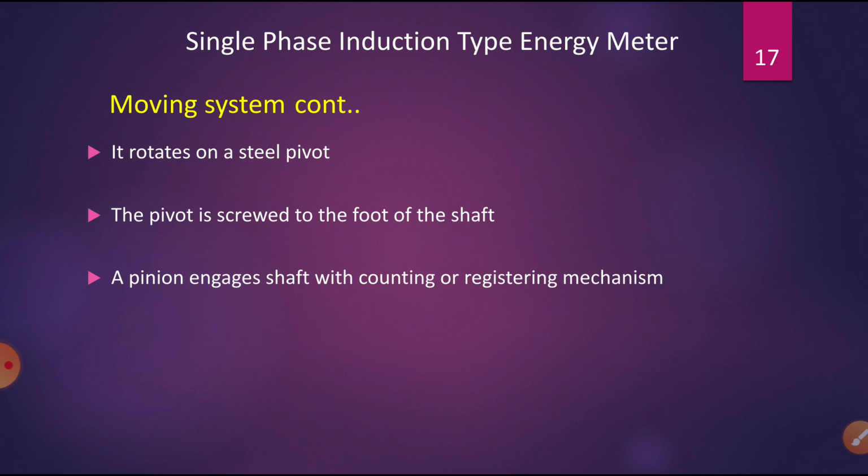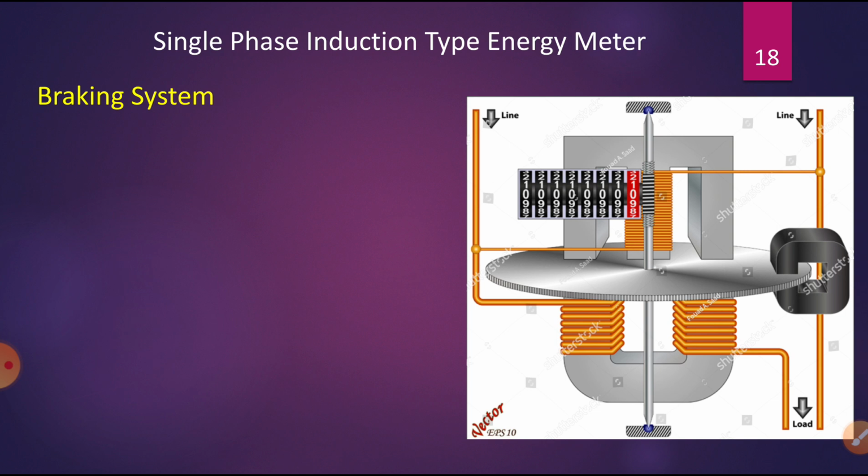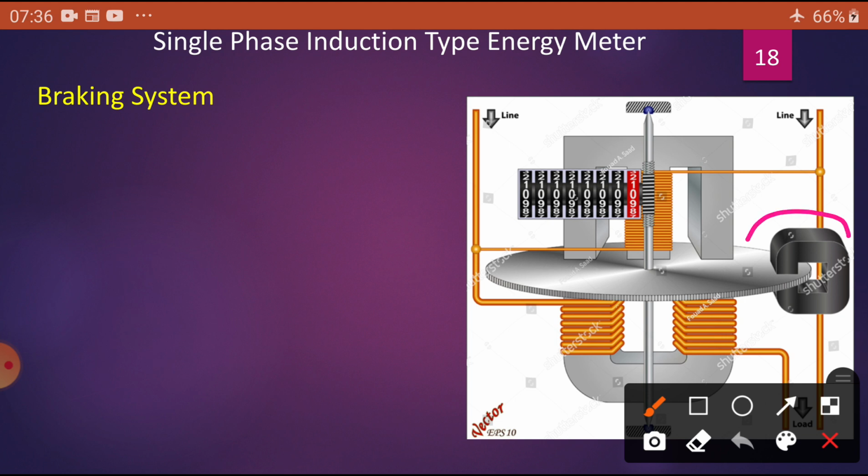So the braking system consists of, you can see in this figure, a braking magnet. This is the braking magnet, a permanent magnet. Dear students, if you open an energy meter, there is a magnet present inside. A U-shaped magnet is present inside. Sometimes we use two magnets, sometimes a single magnet.